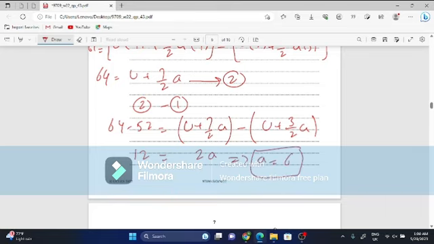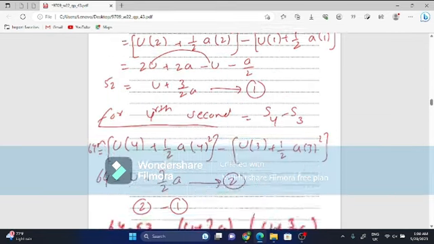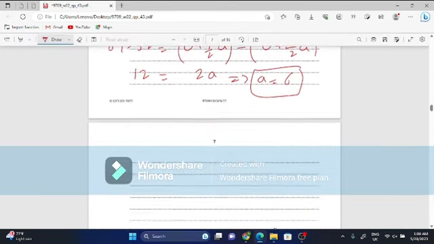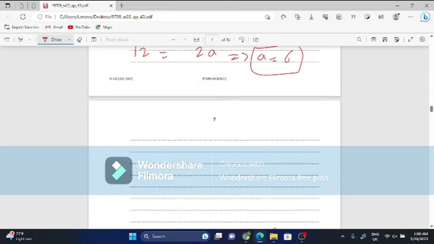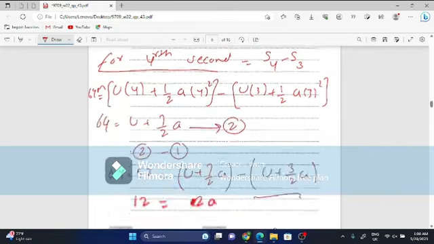Now I know the value of this a, right? So I know the value of a by any equation. By considering either equation number 1 or 2, I can plug the relevant value of a to calculate my answer for this u. So I'm considering the first one. Equation number 1 implies 52 is equal to u plus 3 by 2 times this one a.